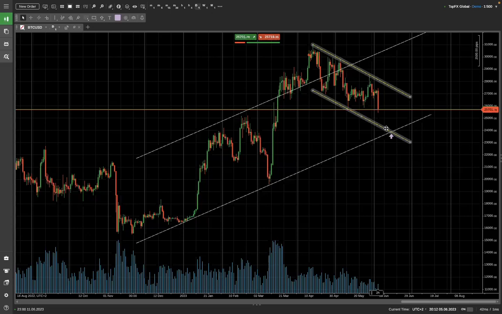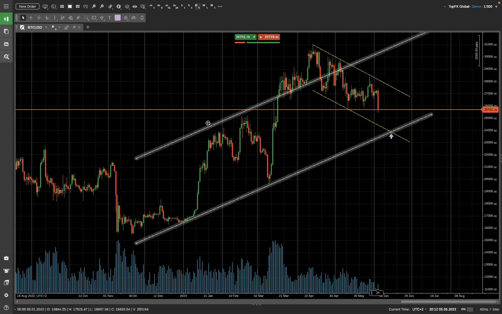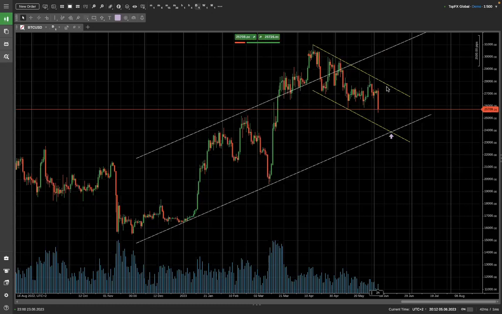All right. So what we are looking for right now is the situation when this oscillating move towards the upper channel line and then towards the lower channel line will eventually resume. The market will then break out of this smaller channel, and the breakout will be to the upside.